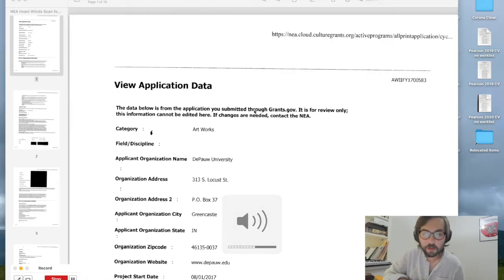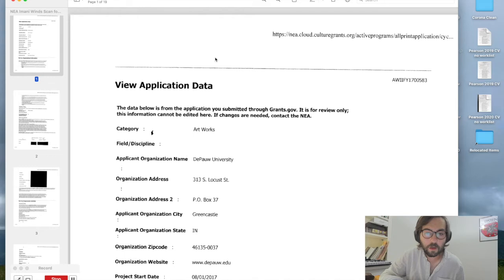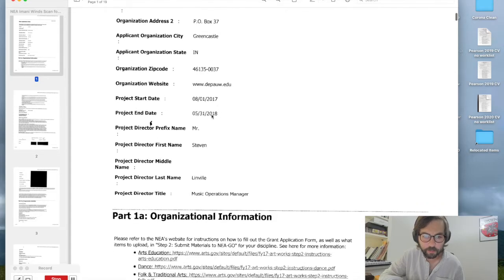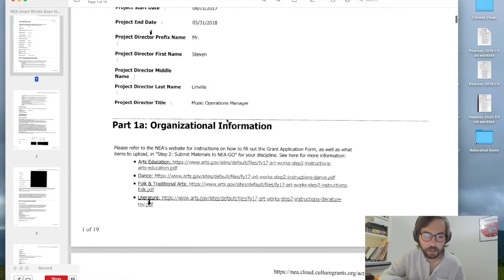For my next trick, I'm going to talk about this grant application. This is the NEA, National Endowment of the Arts application that DePauw did a few years ago, for the 2017-18 year.